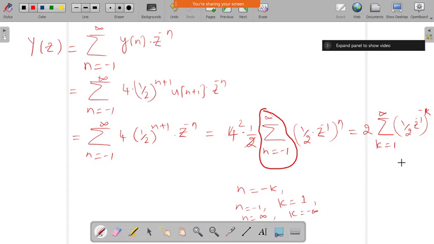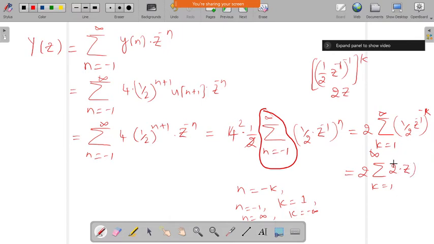Okay, so now we can write 2 into summation k equal to 1 to infinity of half into z power minus 1, whole power minus k. If I take this inverse, half inverse is 2, and z power minus 1 inverse is z.